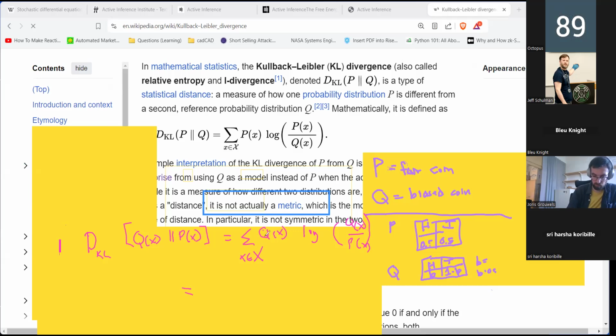And so this sum over x is like the h and the t. So we're going to have an h term and a t term.